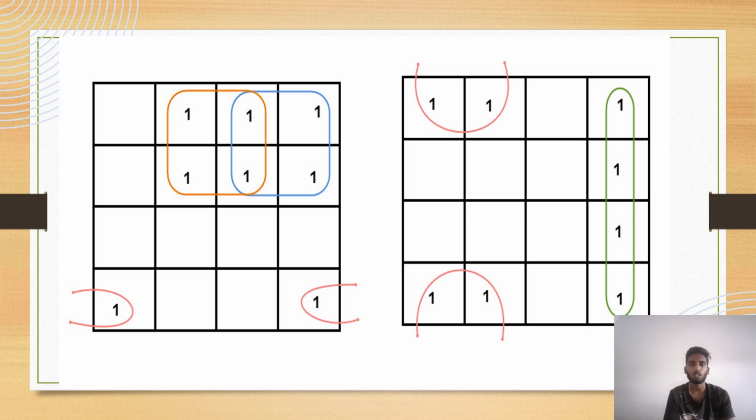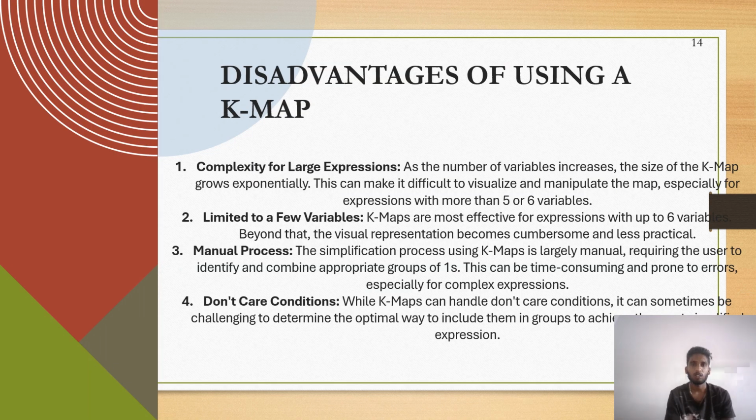We can group from one end to another end. If there are the same variables, it's called a redundant group.